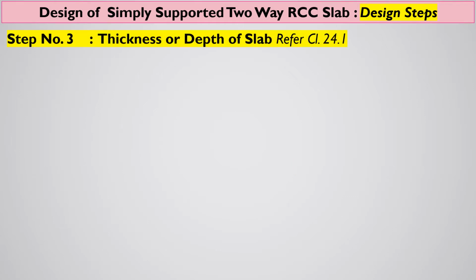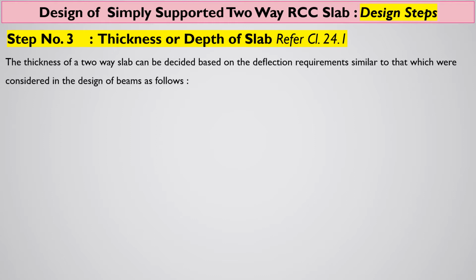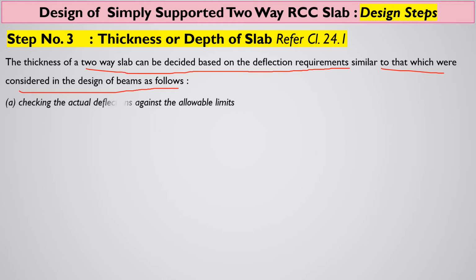Now in step number 3, we can decide the thickness or depth of the slab, and we have to refer to clause number 24.1. The thickness of the two-way slab can be decided based on the deflection criteria as usual, similar to that considered in the design of beams, or the design of a one-way slab also.